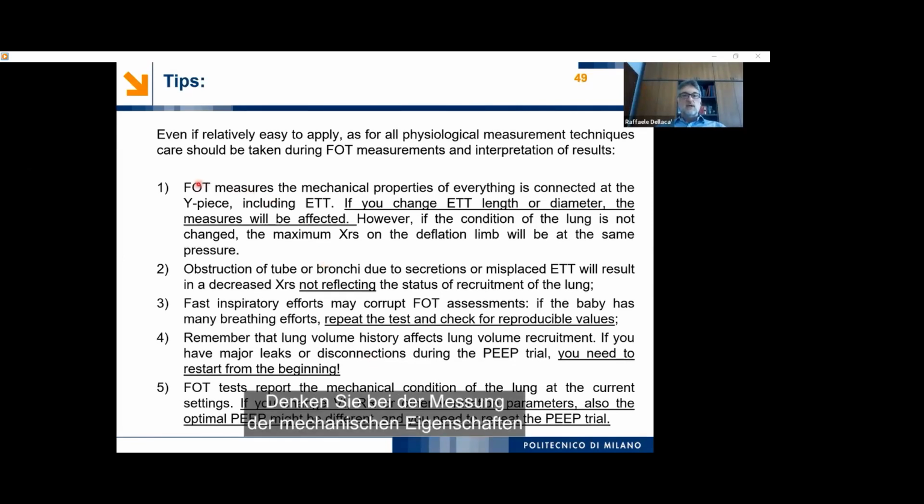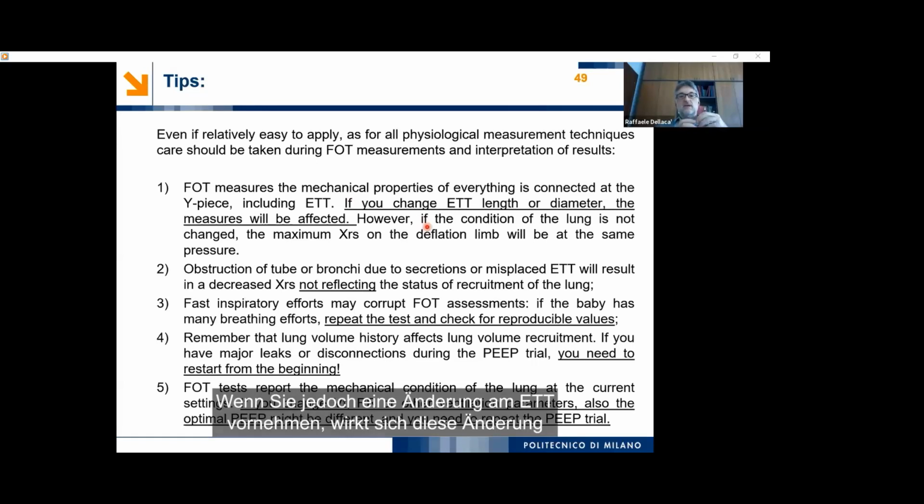So first of all, when we measure the mechanical properties of the respiratory system with the force oscillation, always remember that the device is measuring the impedance of everything that is connected to the Y piece. And this includes also the ETT. So if you change, in the same patient, the ETT diameter or length, what we are expecting is that the measurement the ventilator provides will be different.